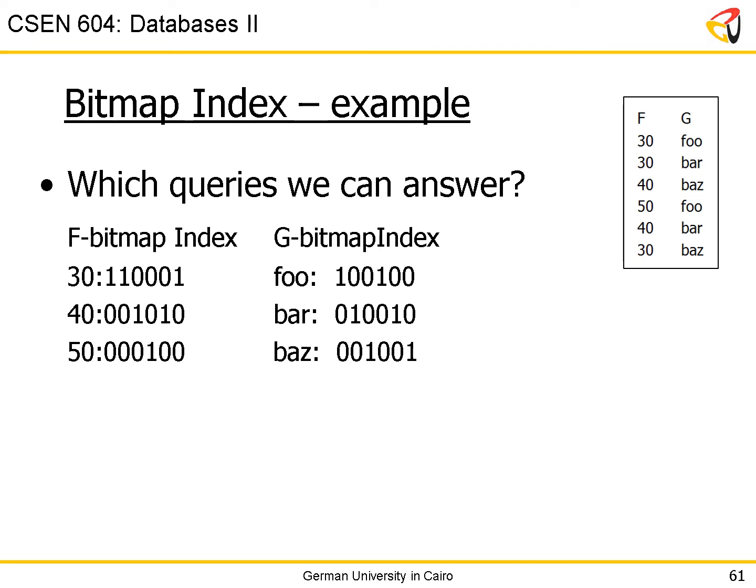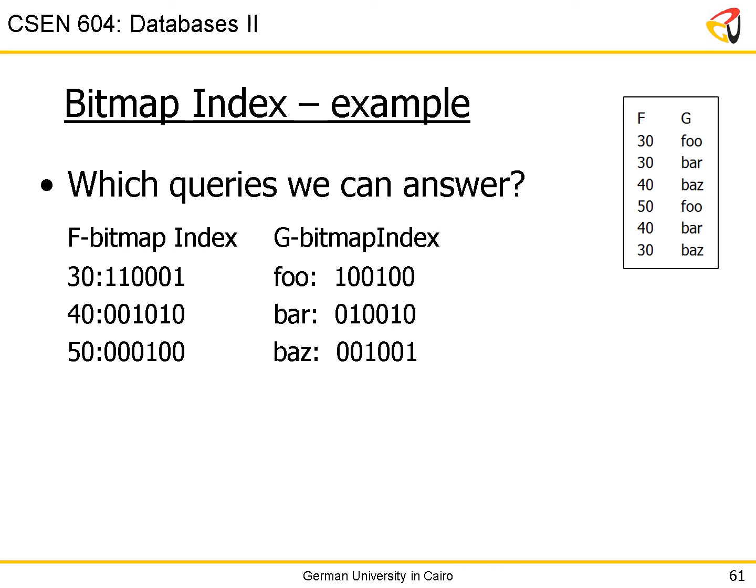Now, let's think a little bit more. Can we answer range queries? Can I say select star from where f is less than 50? Well, if I have the entries sorted, I'm going to get all the bitmaps for all the values less than 50, and I'm just going to OR them. Let me give you a second to think. If I say select star from where f is less than 50, so I need 30 and I need 40.